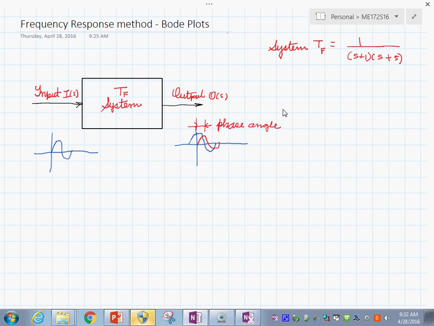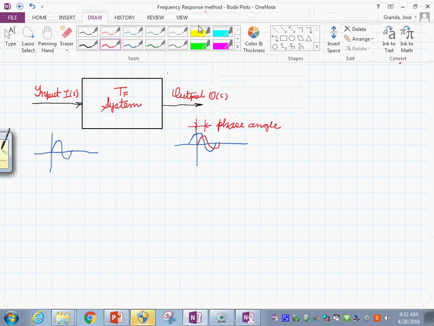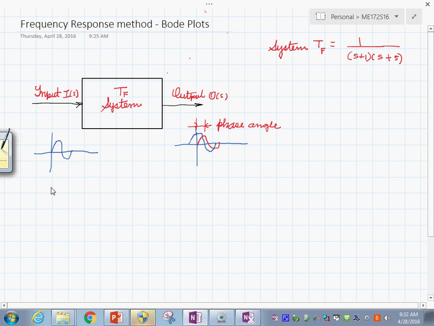So what I propose is that we make an experiment where, instead of just one cycle, I give it one that has more cycles like this. And I would measure the output, which also is going to have more cycles, but this output is going to be out of phase.